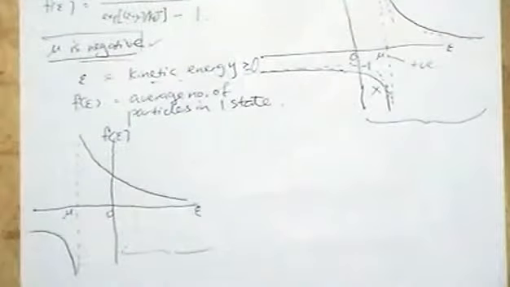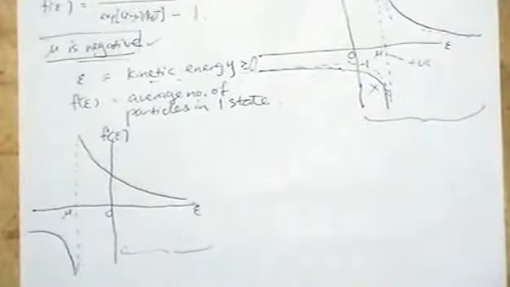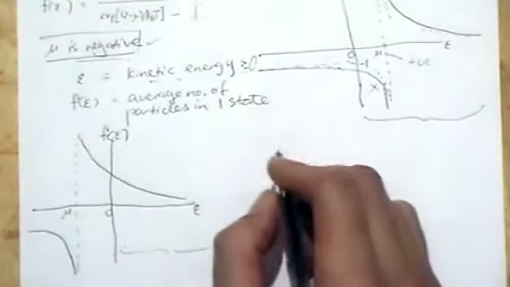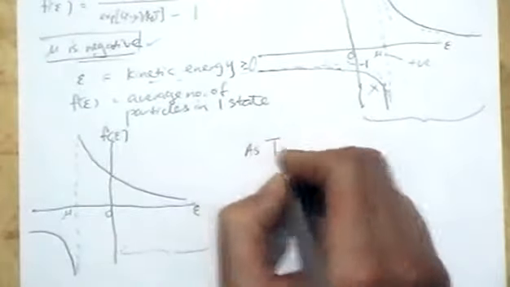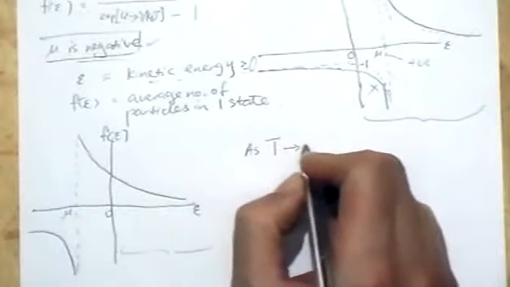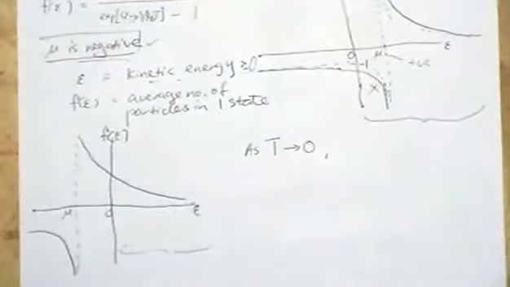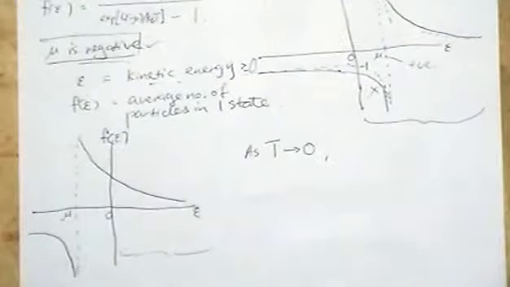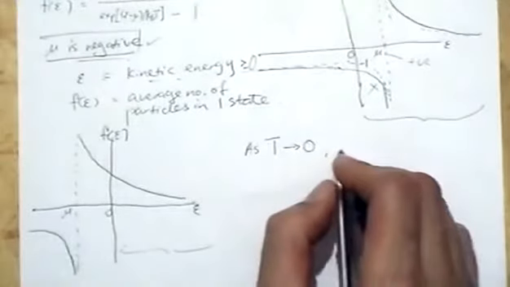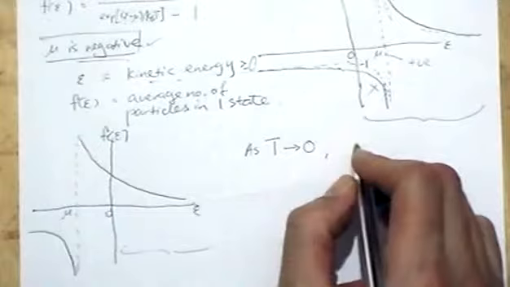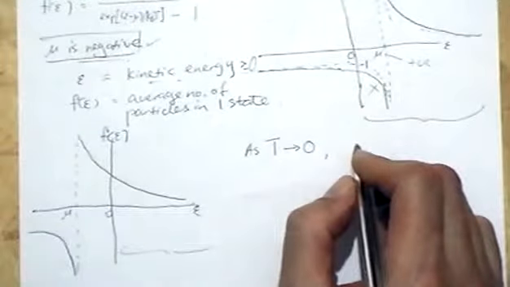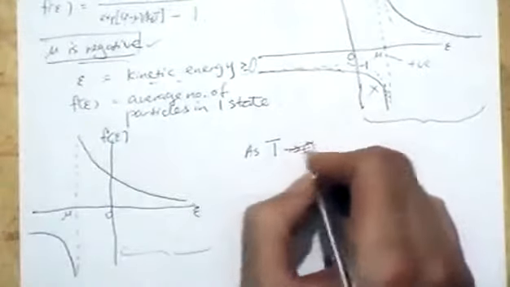Now the next thing we want to show is that as temperature decreases, as temperature goes to 0, we want to show that, well, going to 0 is a bit strong.